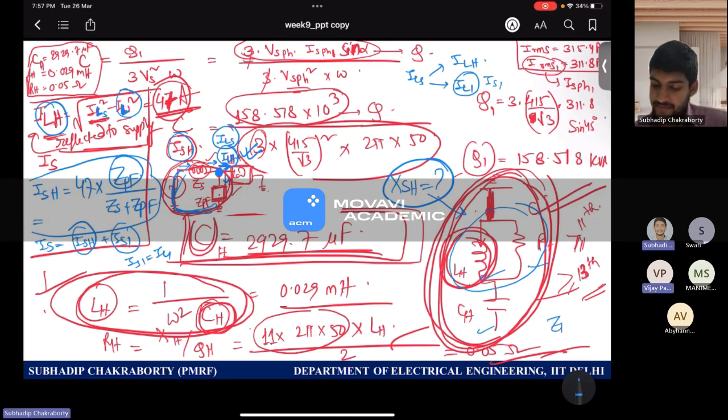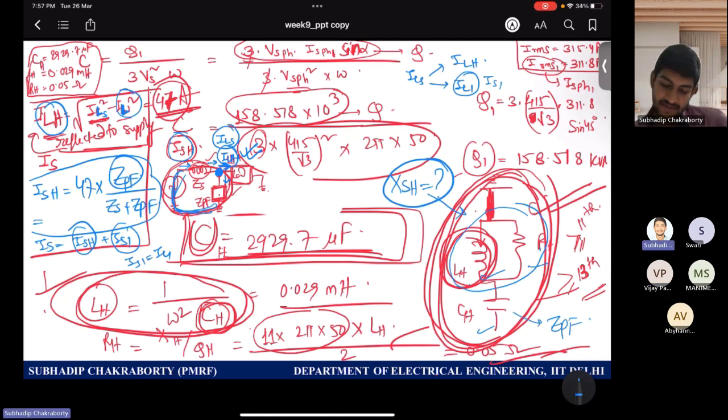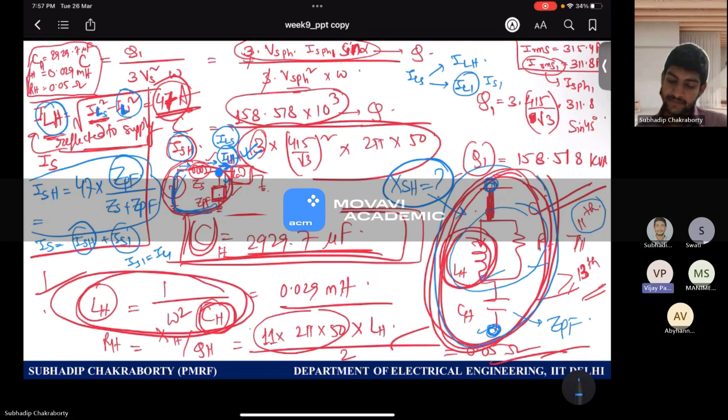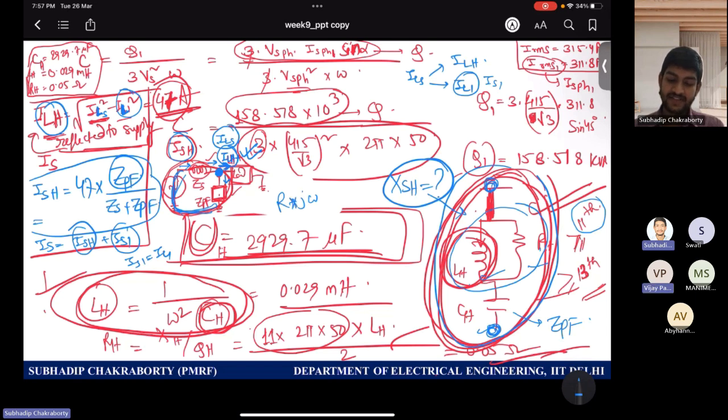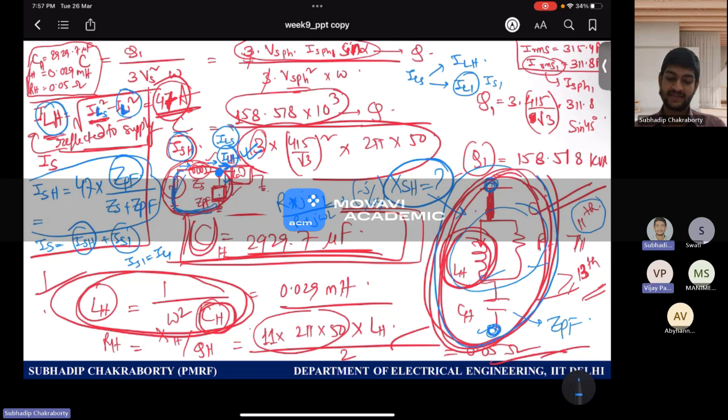So I need ZPF. ZPF is nothing but the impedance provided by this. And just remember this is for 11. Okay. So you calculate for 11. Tell me the impedance of this filter. So you can do R times j omega L divided by R plus j omega L, plus minus j by omega C, because these two are in series. So equivalently you can determine the impedance of the power filter.